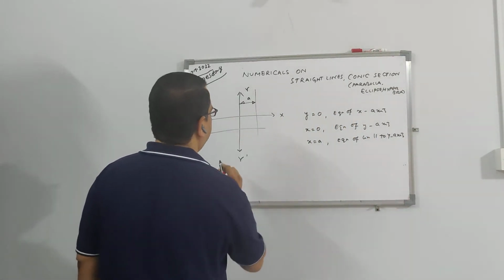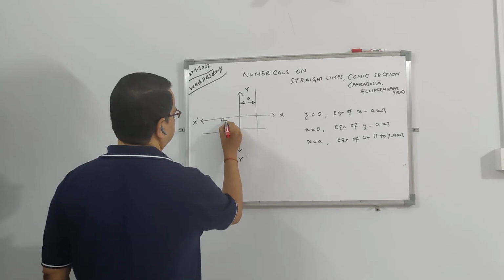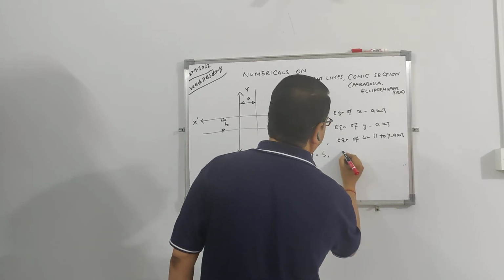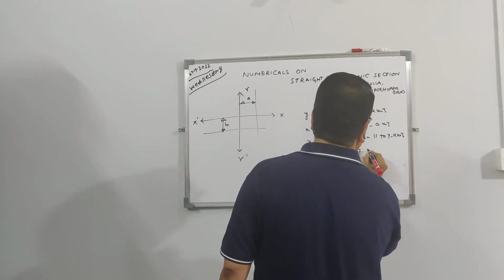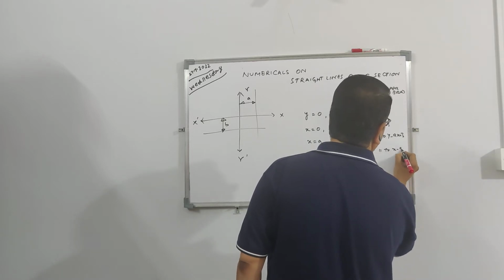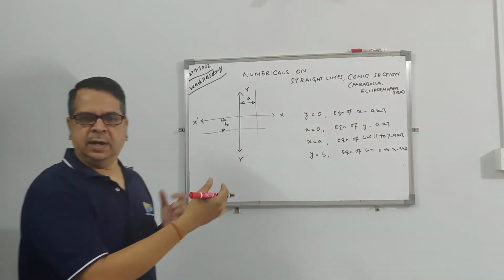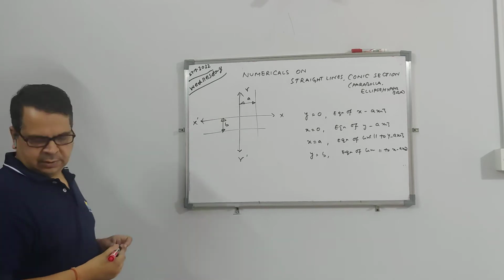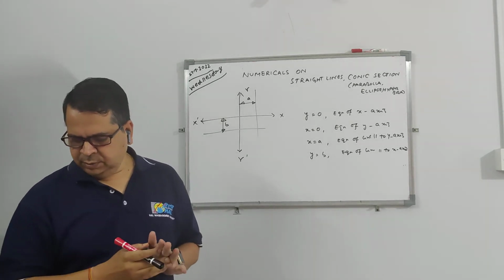Similarly, anything parallel to the x-axis, that is b, let us say y is equal to b is the equation of a line parallel to the x-axis. It's just the reverse. So these are some of the common equations.